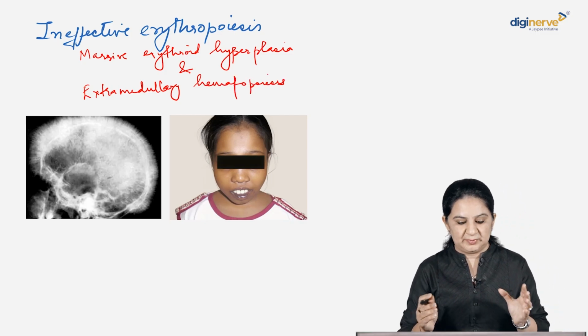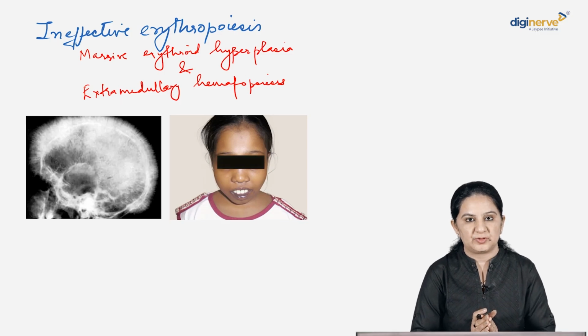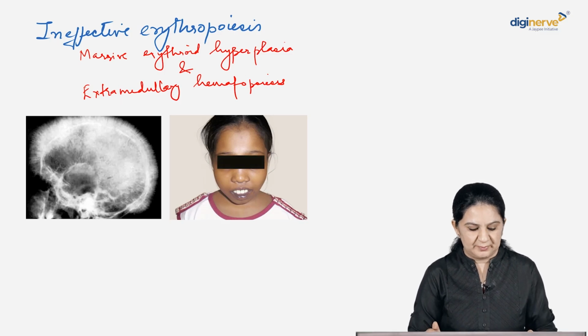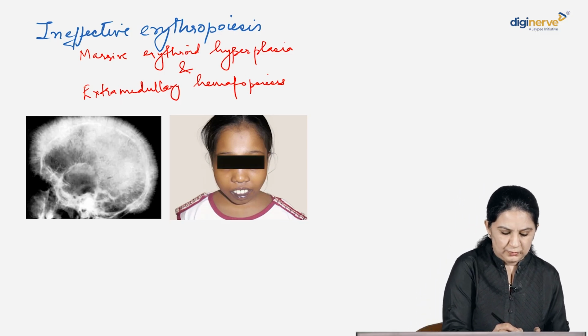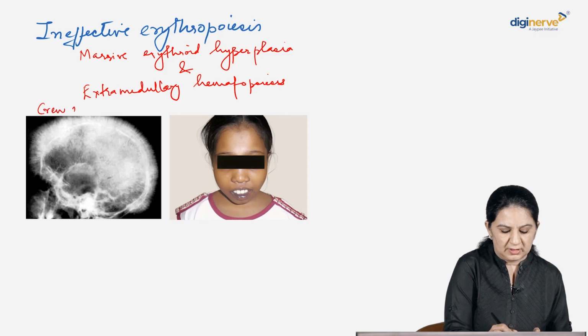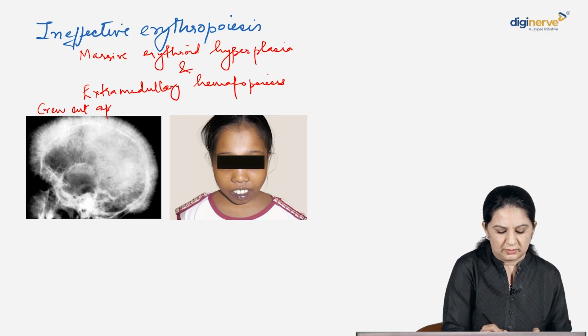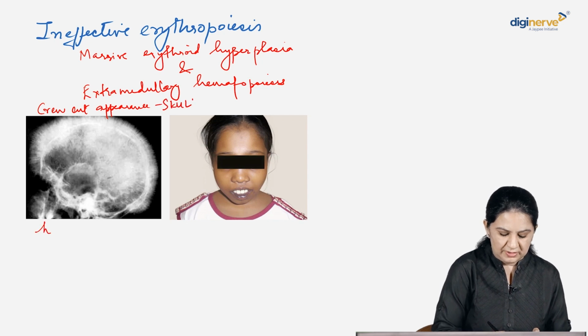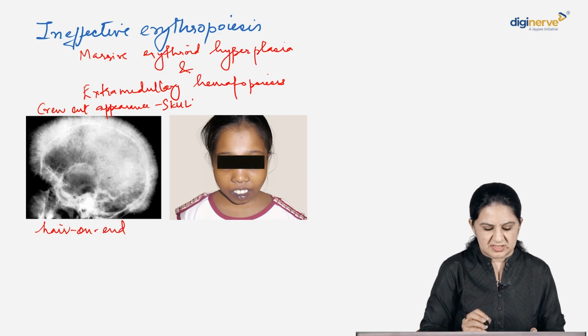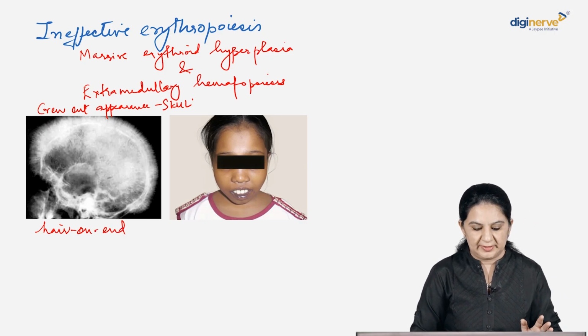Massive erythroid hyperplasia and extramedullary hematopoiesis. So this erythroid hyperplasia will lead to crew cut appearance of the skull. Alright. Crew cut appearance of skull, also known as hair on end appearance.